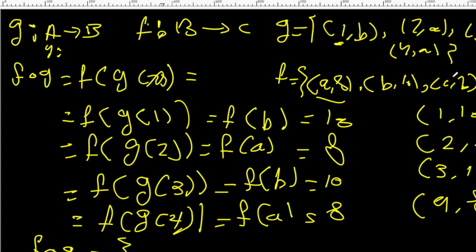So F composition G is basically equal to everything I find here.